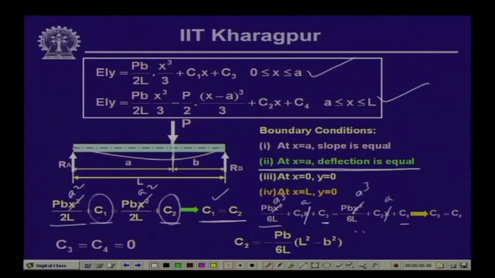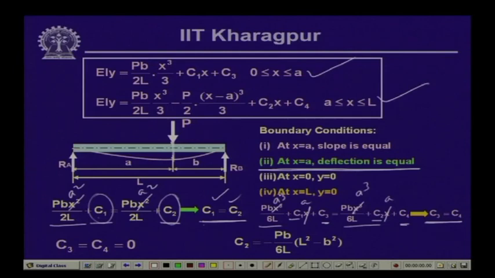Now, these two terms being identical, that gets cancelled. C 1 equals to C 2 we have already seen earlier, so the C 1 a and C 2 a also get cancelled. So, this gives us C 3 is equal to C 4.